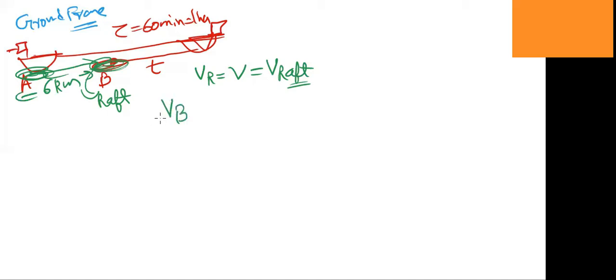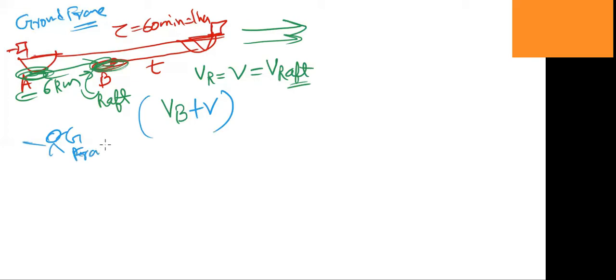While going downstream, the velocity of the river adds, so the net velocity will be vb plus v. This is the net velocity of the boat downstream from the ground frame observation, and the time it took was 1 hour. Then it turned back and after some time met the raft at 6 kilometer distance.